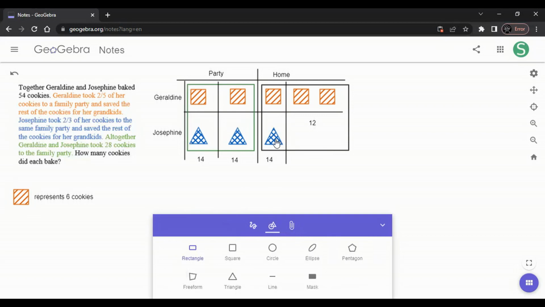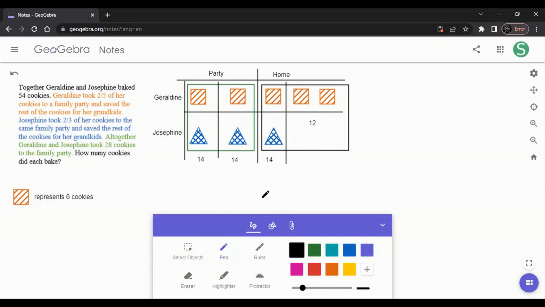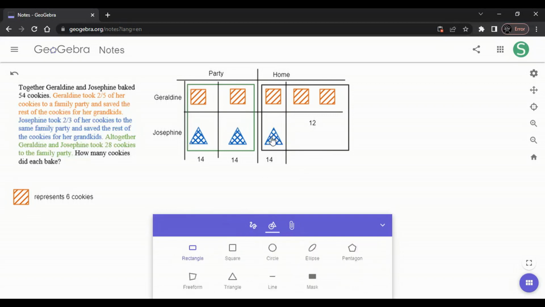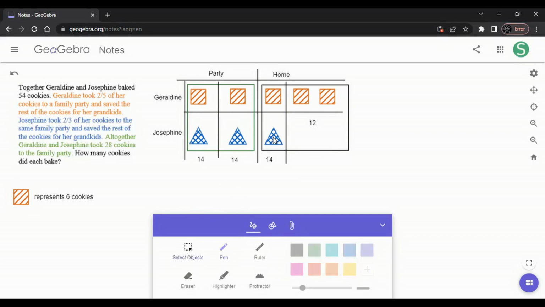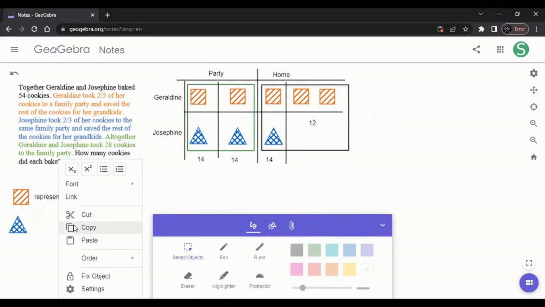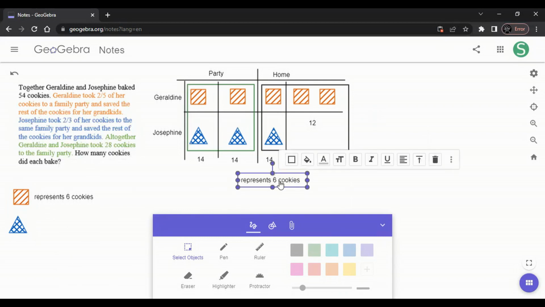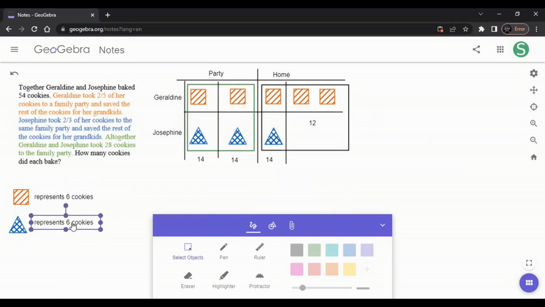So now we know the value of a triangle here. One triangle represents 8 cookies.